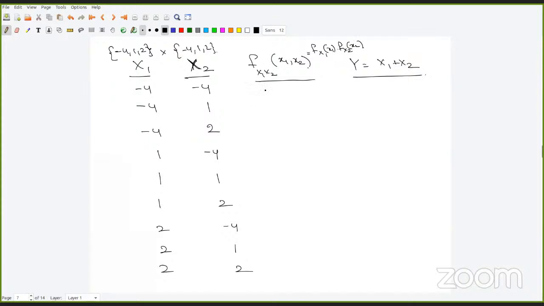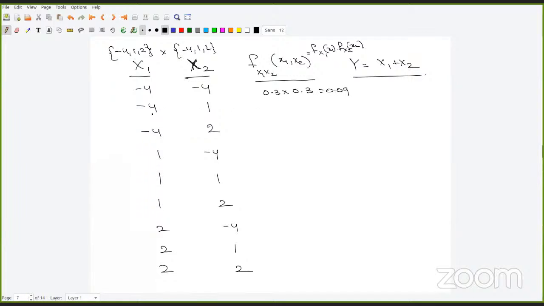So this will be the probability that x1 takes -4 times the probability that x2 takes -4. The probability that x1 takes -4 is 0.3, times 0.3, so this will be 0.09.